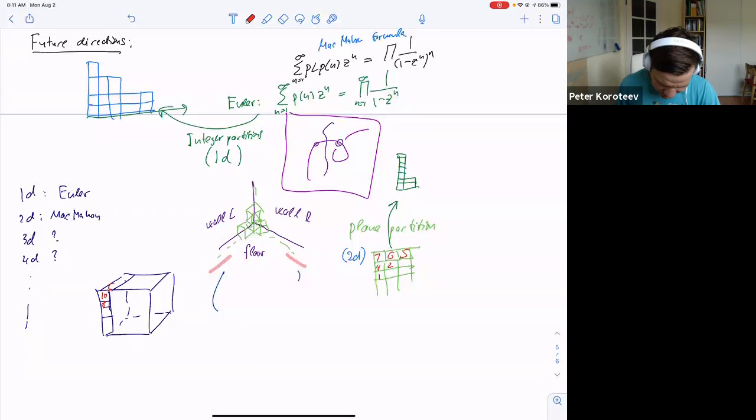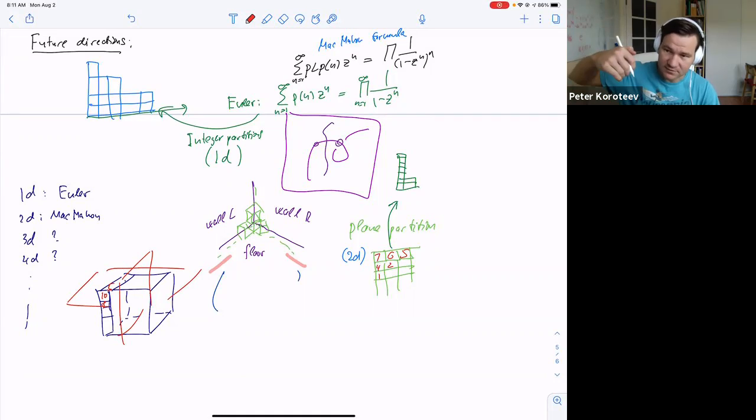Such that every slice in each of the 3 planes in 3D space is a plane partition, right? So yeah, you cannot draw this in 3 dimensions, right? In a sense it's a 4-dimensional object, right? So the Young diagram for an integer partition is 2-dimensional. The Young diagram for plane partitions is 3-dimensional, and what would be the Young diagram for solid partitions, as they're called, right?